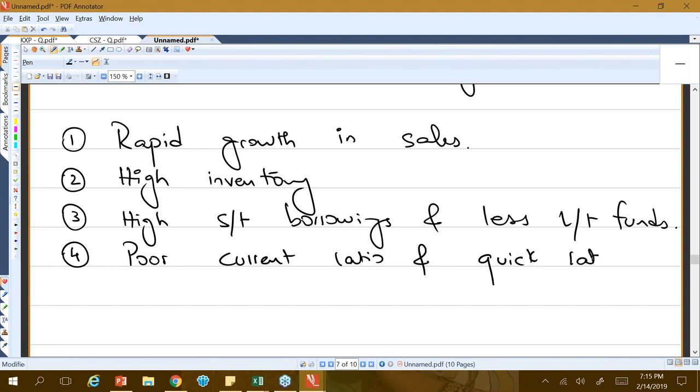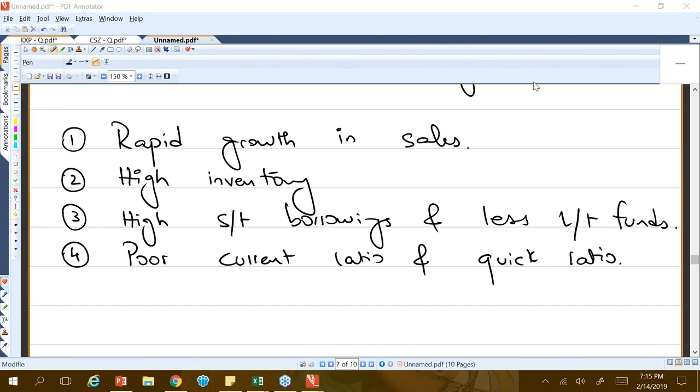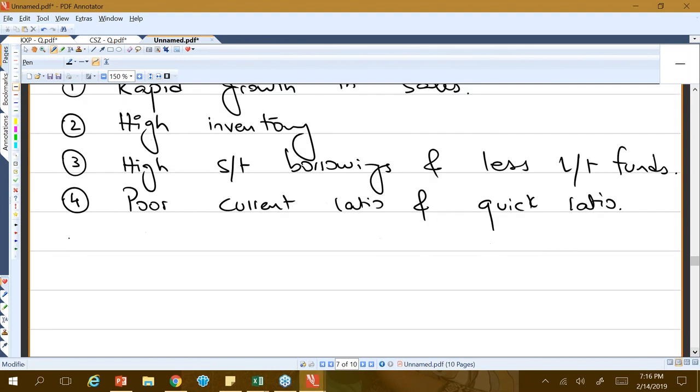Why do you think a poor current or quick ratio is indicating overtrading? Yes, because a poor current ratio means that we have more reliance on current liabilities. A poor current ratio and quick ratio just means that we have more current liabilities to grow.